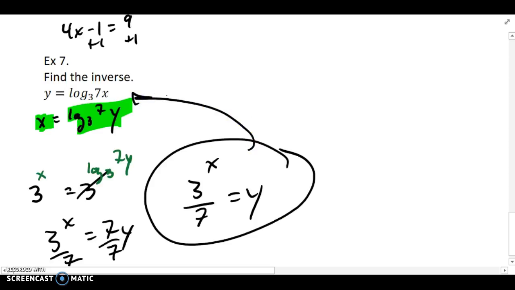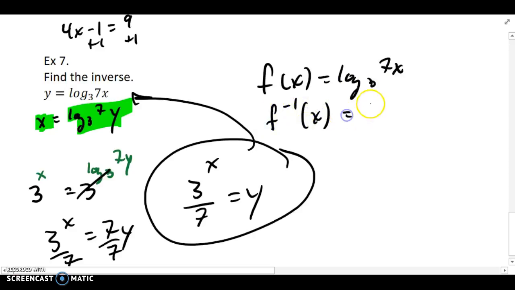Fun fact, okay? So if this was f of x is equal to log 3, 7x, then the inverse would be written as f to the negative 1 of x is equal to 3 to the x over 7. So these are the same things. If you look at this and this, it's the same thing as what we're given. They just change f of x to y, but when we change an inverse to f of x, then it becomes a negative 1.